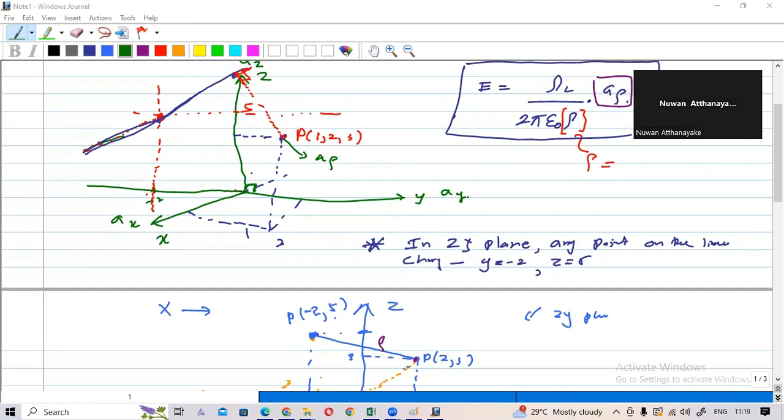This direction is in the ZY plane, because it is perpendicular to the x-axis, since this line charge is parallel to the x-axis.